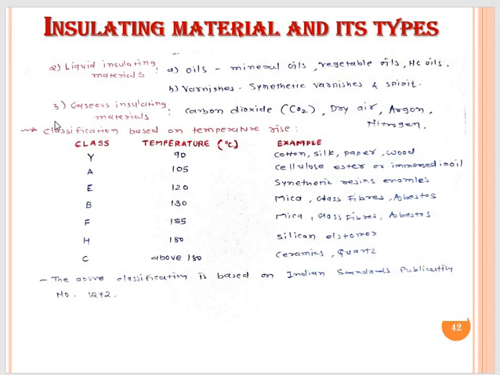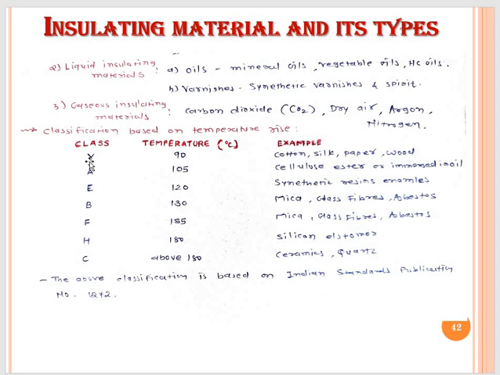Now, classification based on the temperature rise. Now we will classify the insulating materials based on their temperature rise. We have to make a table for it. The first column is for the class, the second is temperature, and the last is an example based on this particular class.